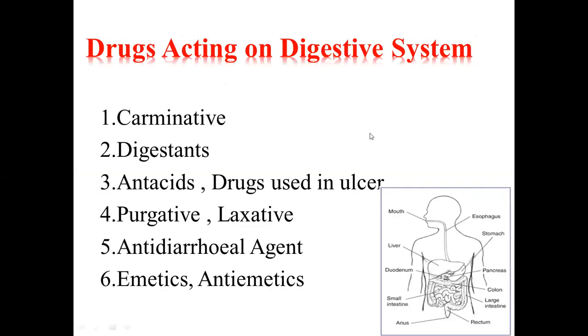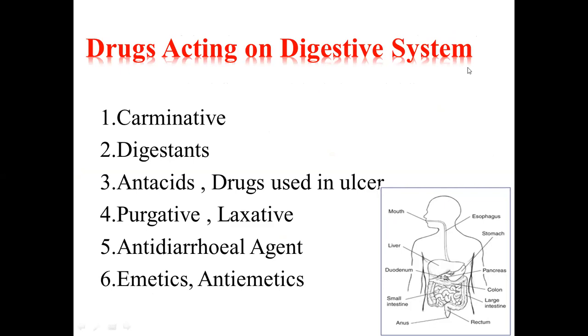Under drugs acting on the digestive system, we have to study carminatives, digestants, antacids, drugs used in ulcer, purgatives, laxatives, antidiarrheal agents, emetics, and antiemetics. All these chapters we will study under this unit.